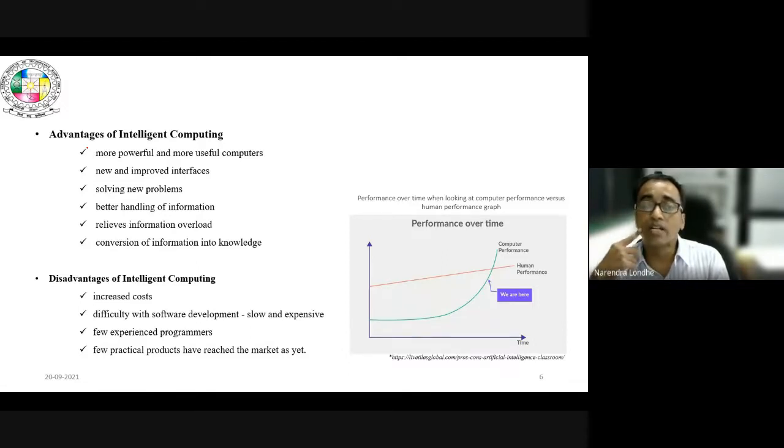Then there is better handling of information in an organized way, right? All the information coming from the different sensors is precisely measured and processed, and then the information is extracted properly by the computers. Then it relieves the information overload, right?